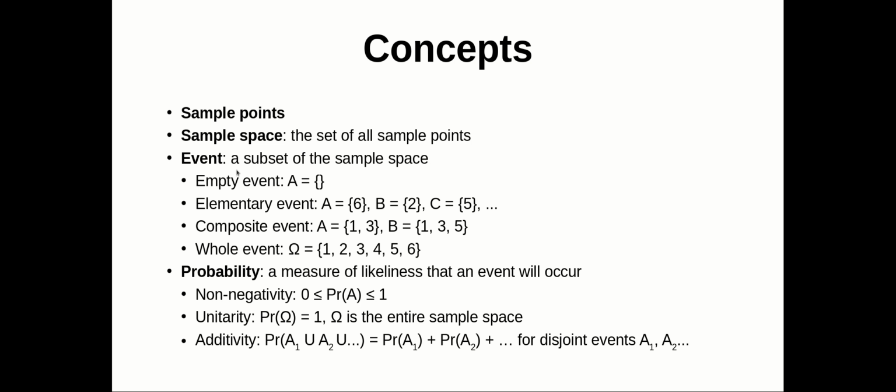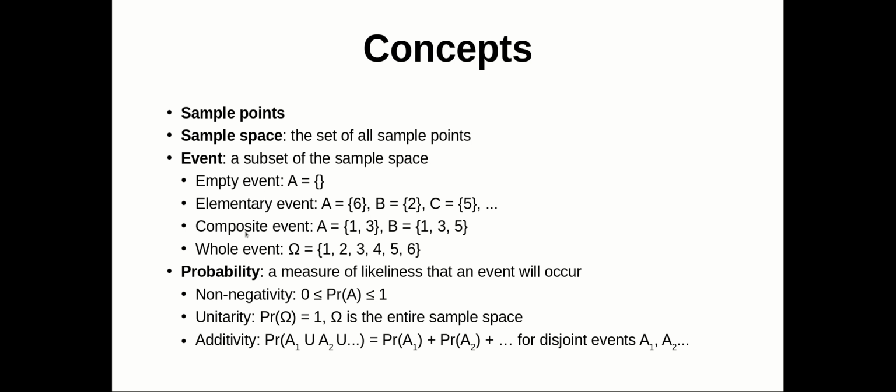An event is basically just a subset of the sample space, right? So in terms of events, we can have an empty event, say A equals the empty set, right? We can have an elementary event if we have just a single sample point in our event, say A equals 6, B equals 2, for throwing a dice, right?